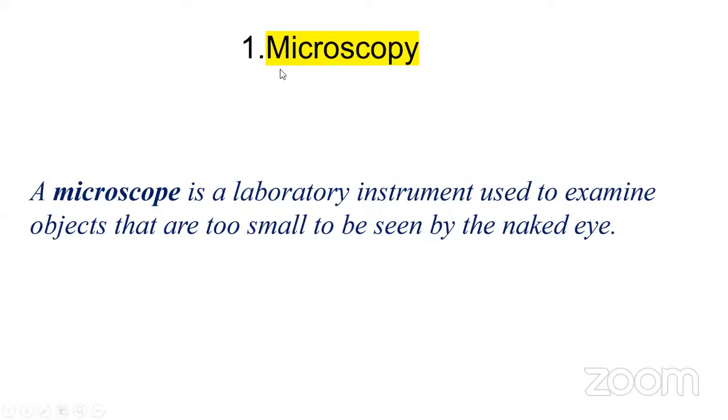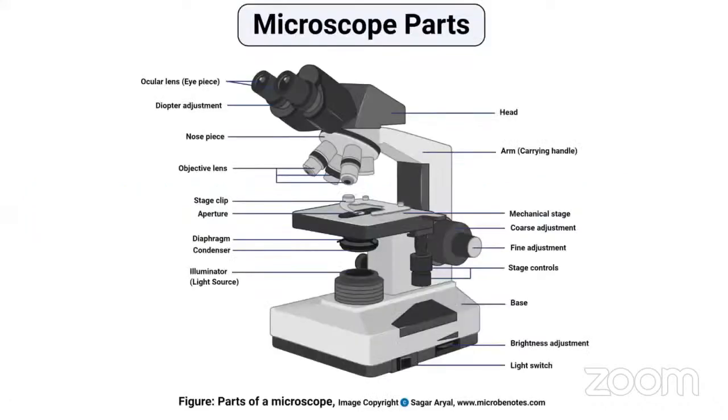A microscope is a laboratory instrument used to examine objects that are too small to be seen by the naked eye. So here are the parts of an ideal microscope.